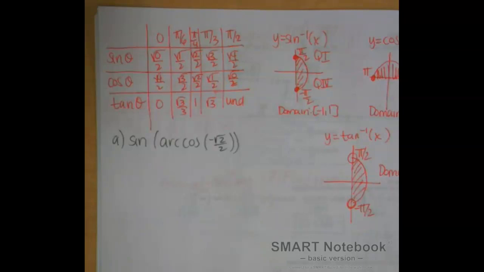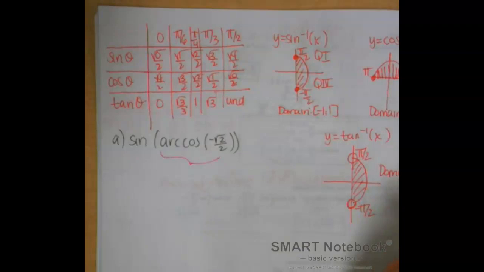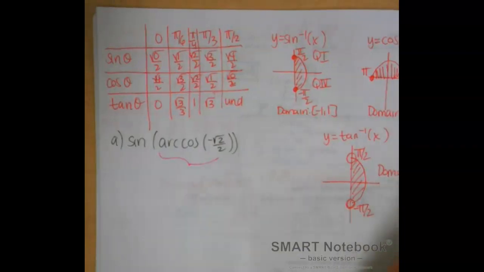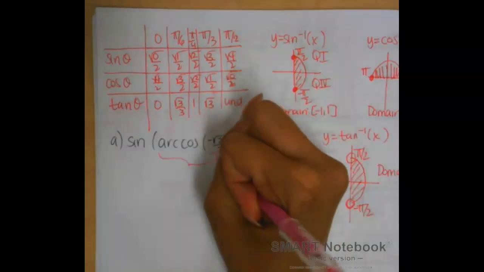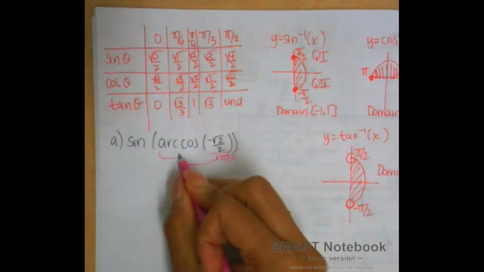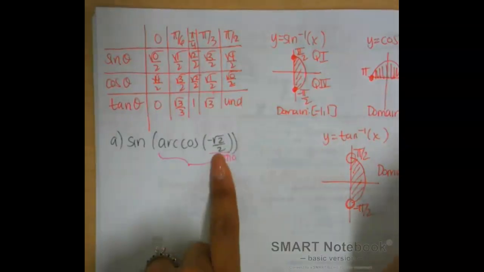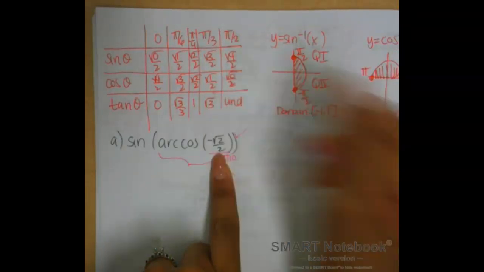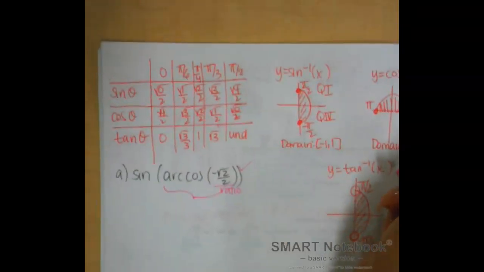So we're going to start with the inside item, which is arc cosine of negative square root 2 over 2. The first thing we want to check, just like we did before on the other page, is: is this a ratio? Because we have arc cosine, arc cosine needs to have a ratio in the middle. Is there a ratio here? Okay, perfect. We can solve it. So we're just going to go to our handy dandy chart that we have at the top of the page.